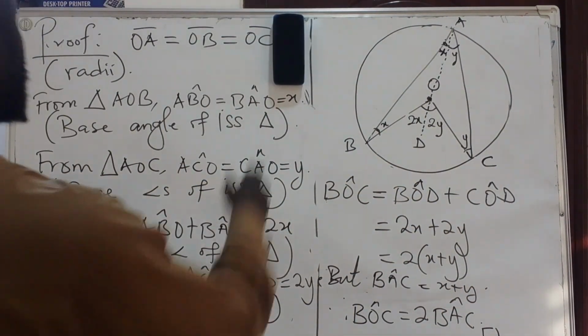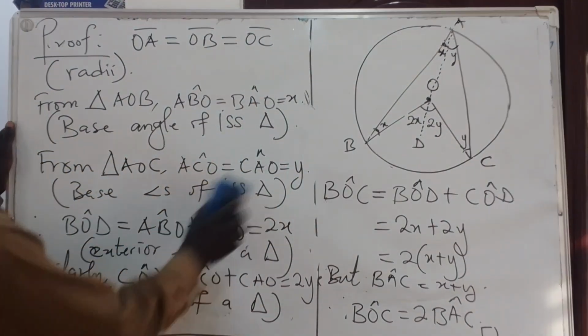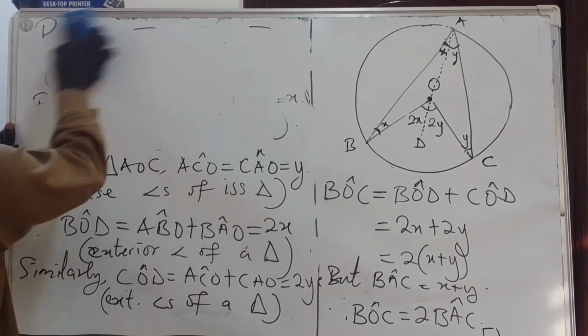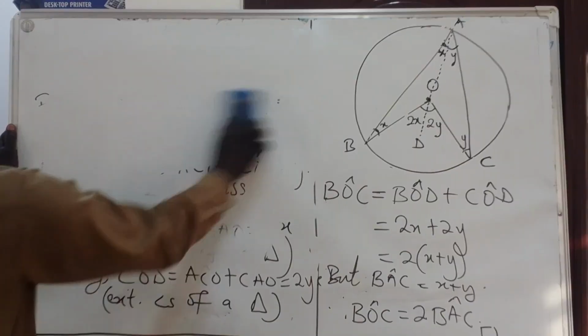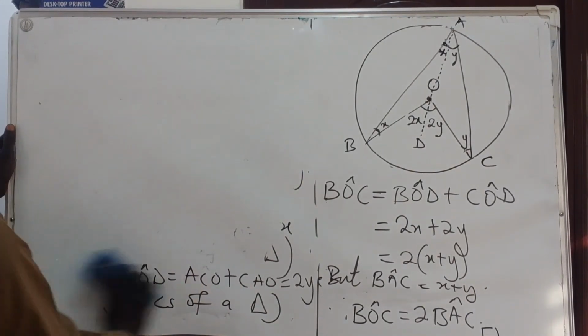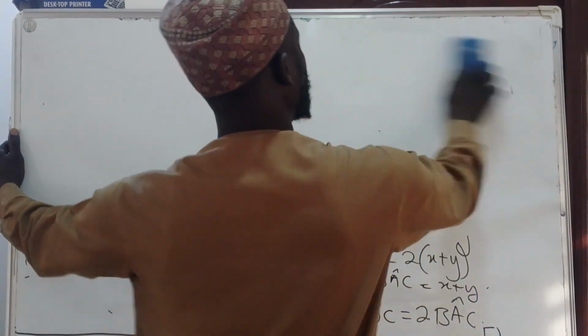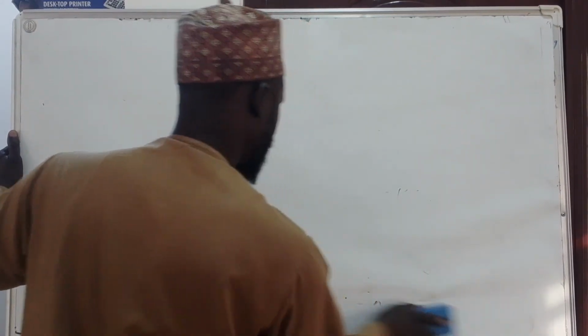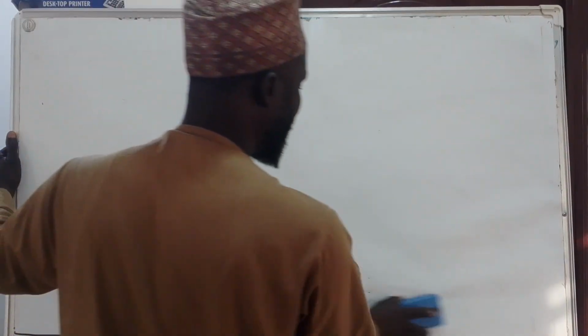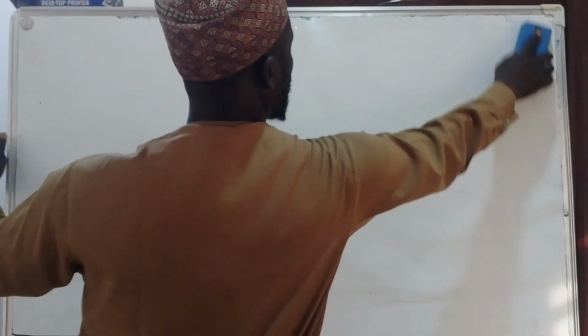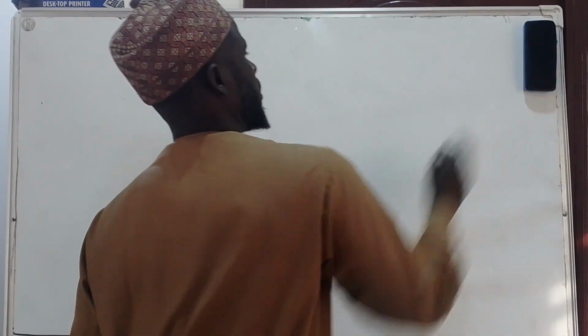That proves the theorem, meaning angle at center is twice angle at circumference. So this is a very important theorem which shall be used to prove several theorems under it.